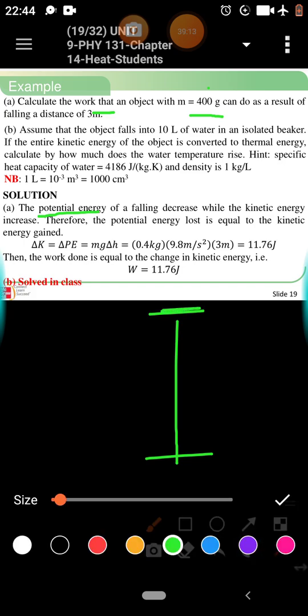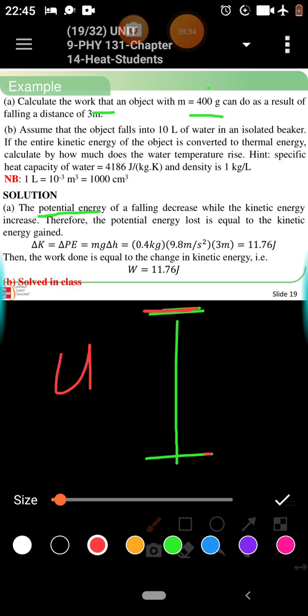So when an object is on top here, and it has a potential energy U, and then if you take an object high here, it will have a potential energy of U. Then when you leave it to fall, it will increase in kinetic energy.